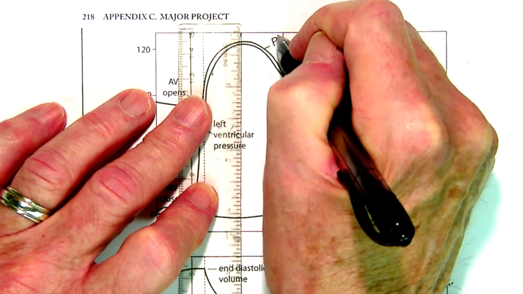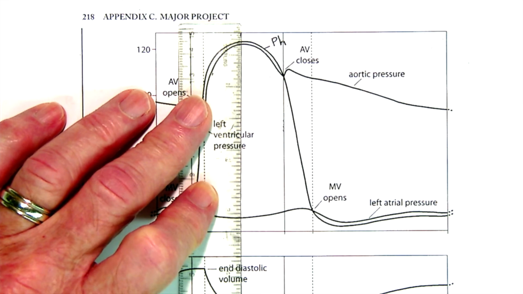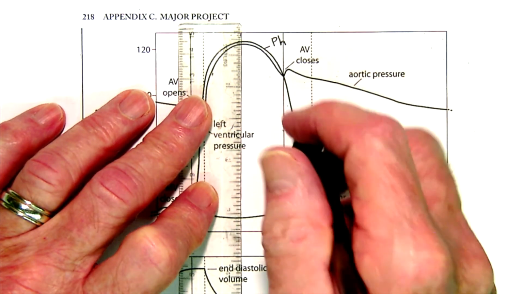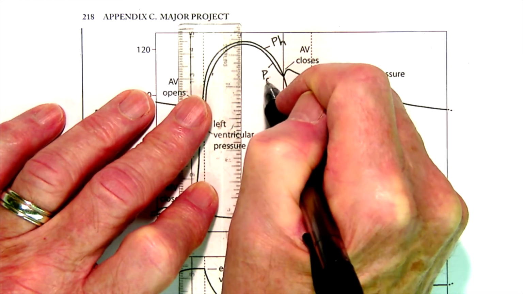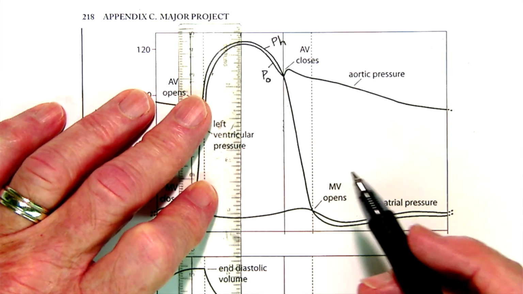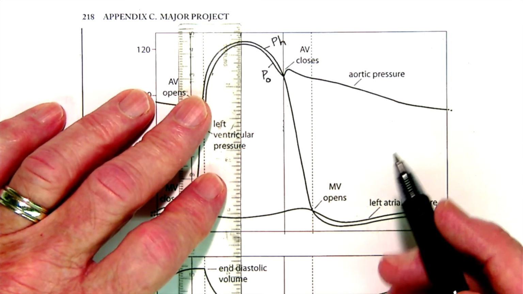It's the largest pressure in the heart in the whole system during systole. And here's the aortic pressure on this line right here, which is lower than the heart. And the difference between those two is what opens up the aortic valve, to cause the aortic valve to open.